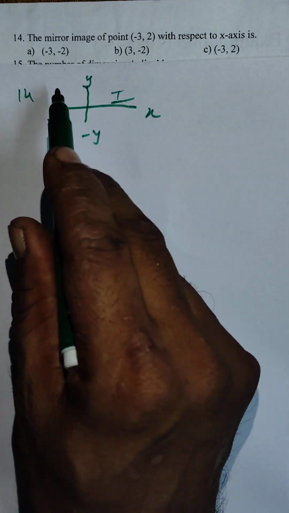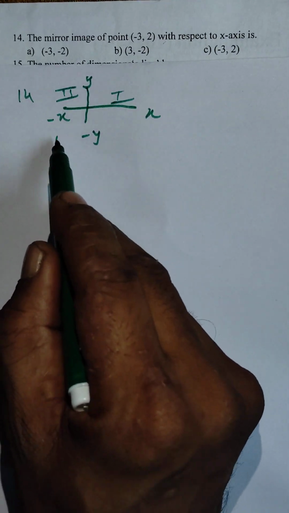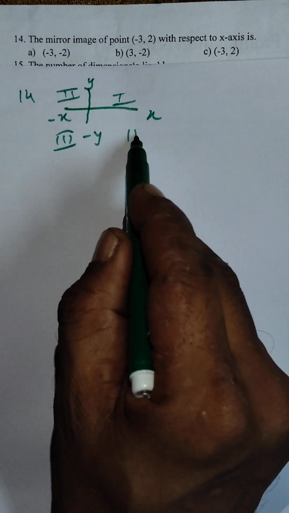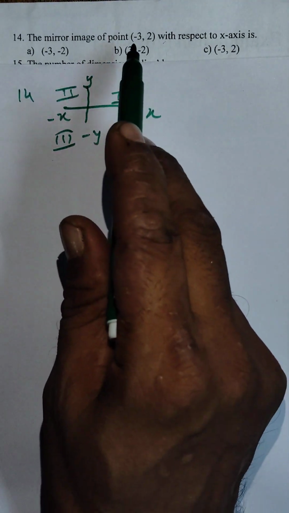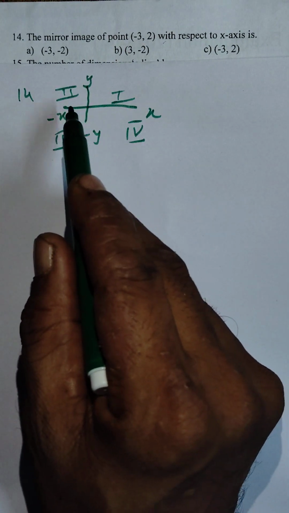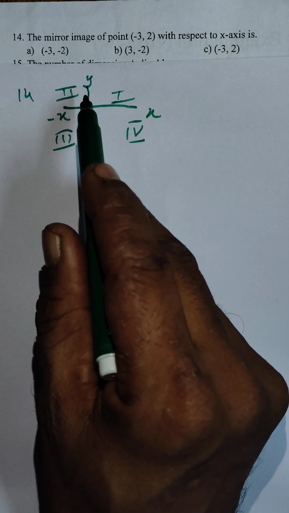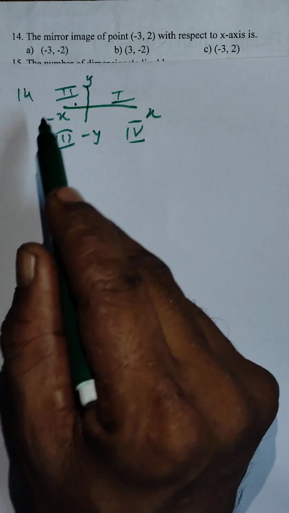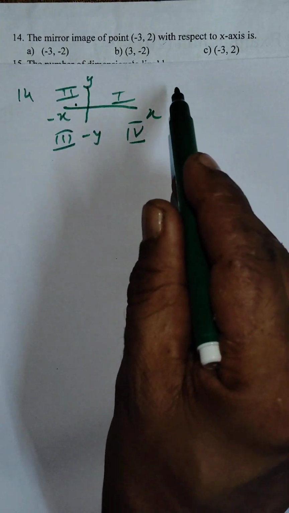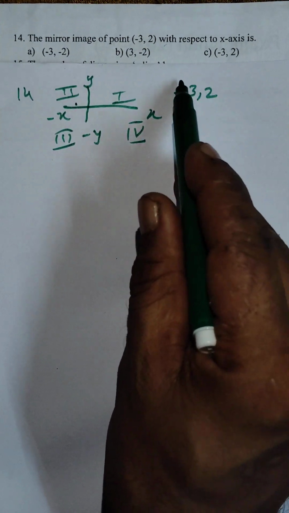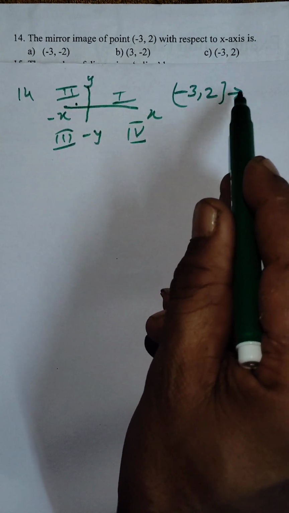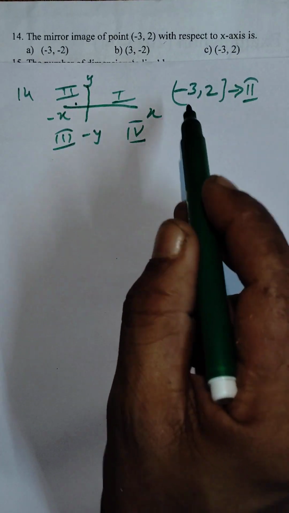First quadrant, second quadrant, third quadrant, fourth quadrant. There are a total of 4 quadrants. So minus 3, 2, x is minus 3, y is plus 2, y is positive above, so it is related with the second quadrant.